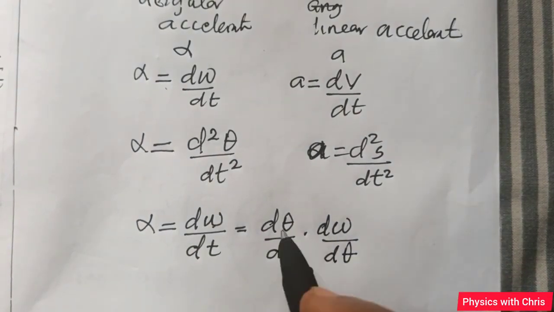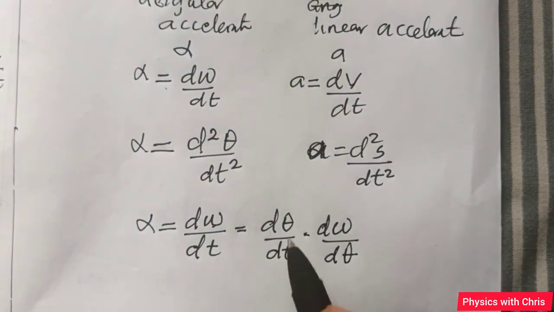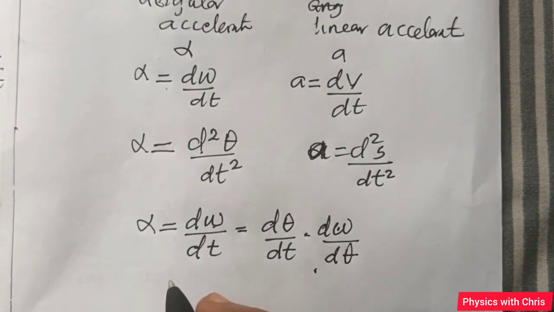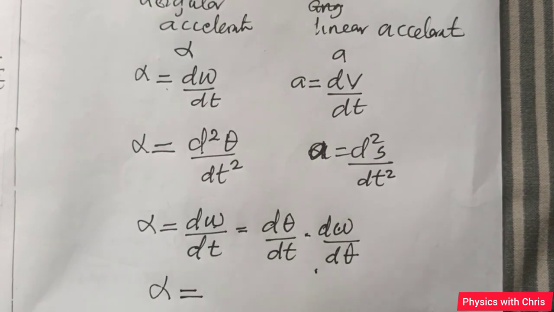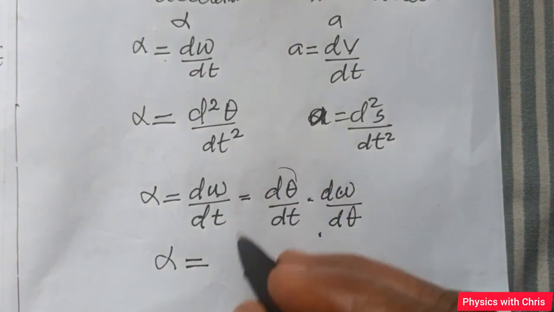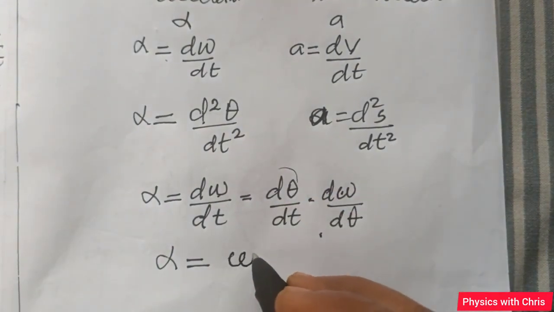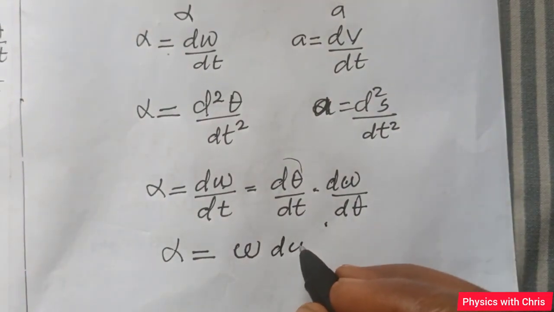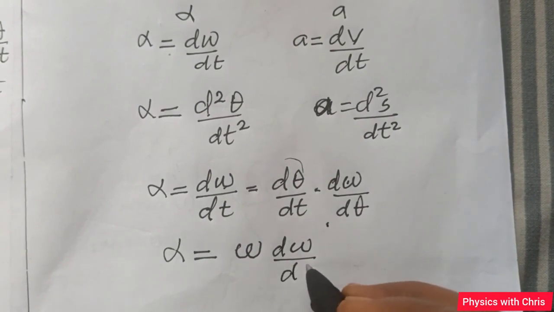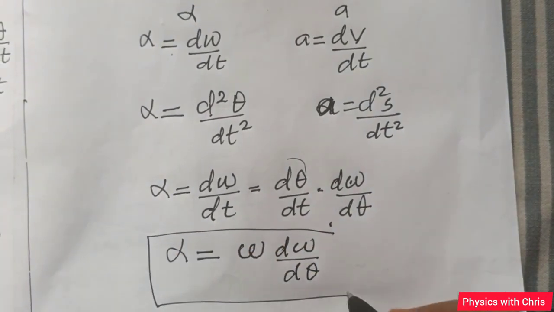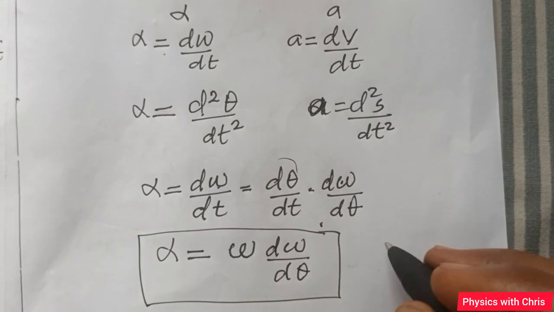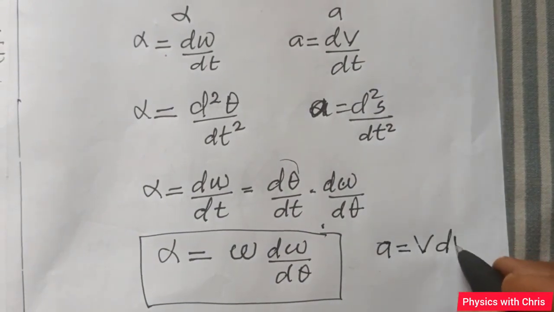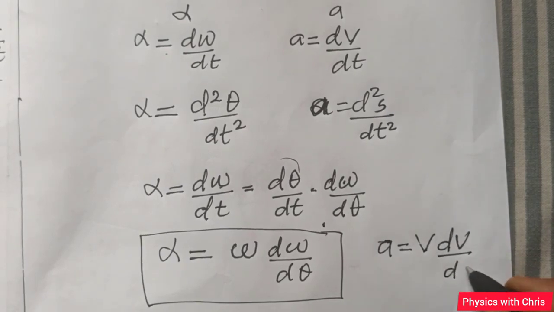This is the same thing because if you look at this carefully, it's a product. This tends to cancel out this, giving you back your d omega over dt. So which means angular acceleration is the same thing as omega, which is your angular velocity, multiplied by d omega over d theta. So this is another expression for angular what? Acceleration. And then for linear acceleration, you can do the same here. That gives you a equals v times dv over dx.